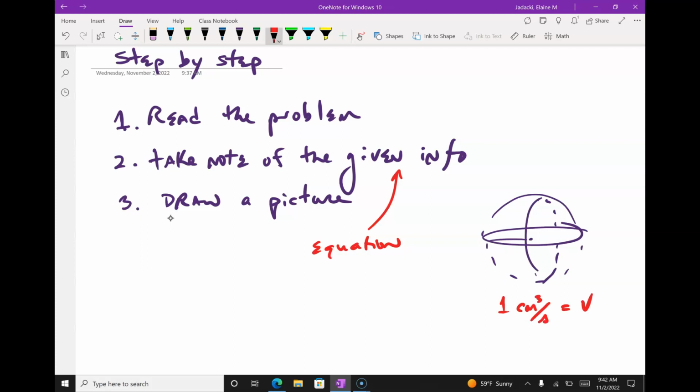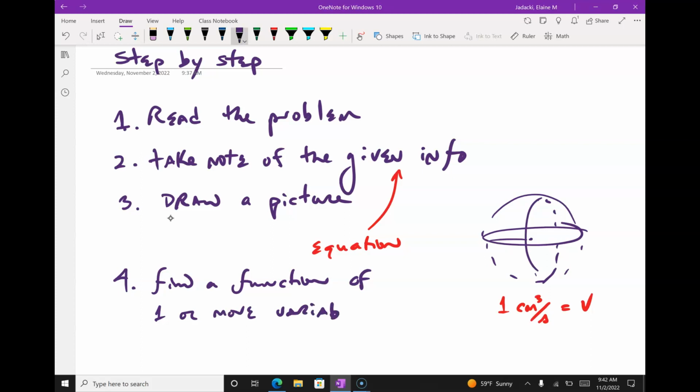Find a function of one or more variables. Most of the time I'm going to have 2 variables, but it could give me a function of 3 variables, like the one where diameter was involved.